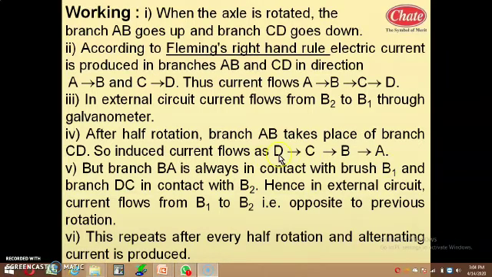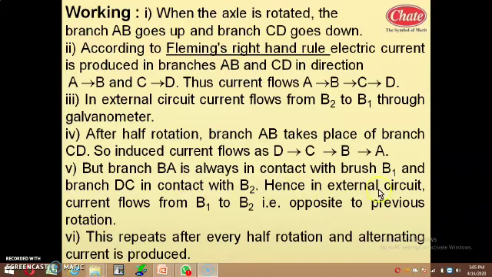Whenever the current is generated this way, it first arrives at brush B1, and branch DC is in contact with B2. Here AB is in contact with brush B1 and DC is in contact with brush B2.